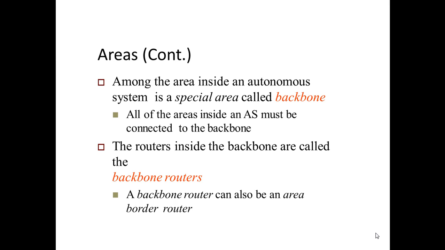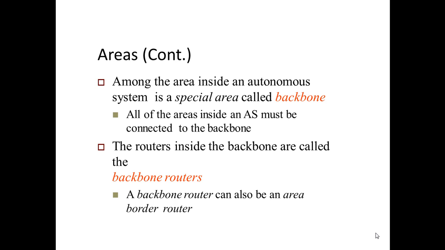The routers inside the backbone are known as backbone routers, and a backbone router can also be termed an area border router, because it is responsible for communicating with other areas.